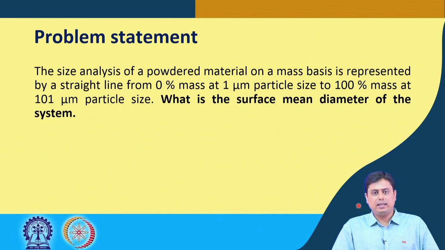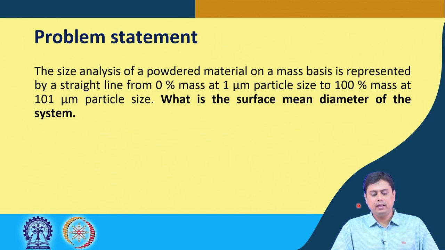It says that the size analysis of a powdery sample on a mass basis gives a linear distribution from 0% mass fraction to 100% mass fraction, starting from size 1 micron to 101 micron particle size. So the question is, what is the single number by which we can represent the sample, and that single number you have to determine based on the surface mean diameter of the system.